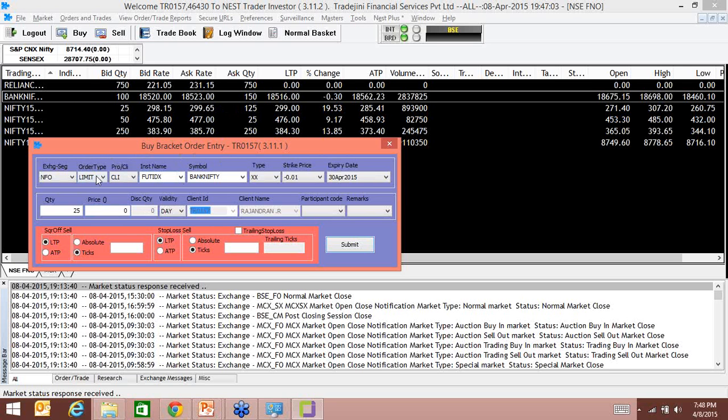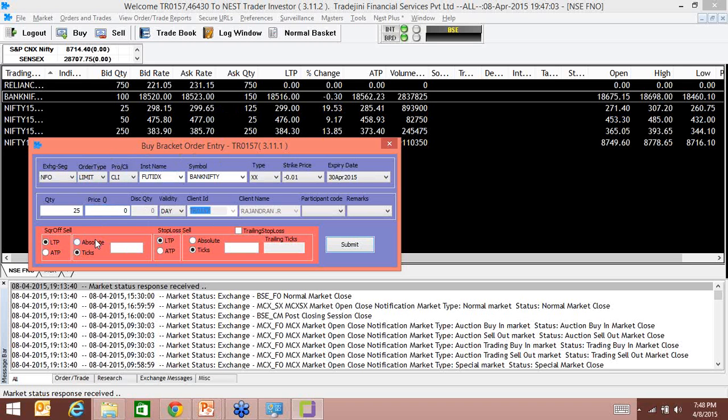Remember, in a bracket order only limit is allowed, so you cannot place a market order. Suppose you want to enter immediately, then the only option is to keep the price as 0 and enter, so it will be executed immediately. Now for Bank Nifty I am putting a bracket buy order.